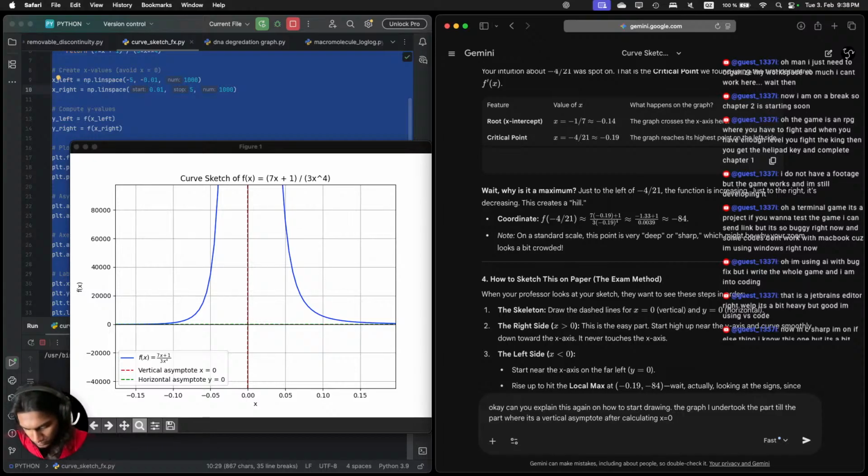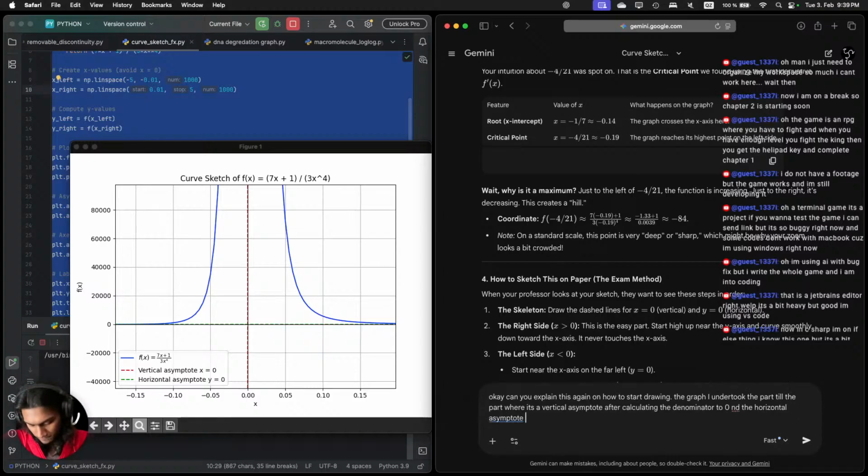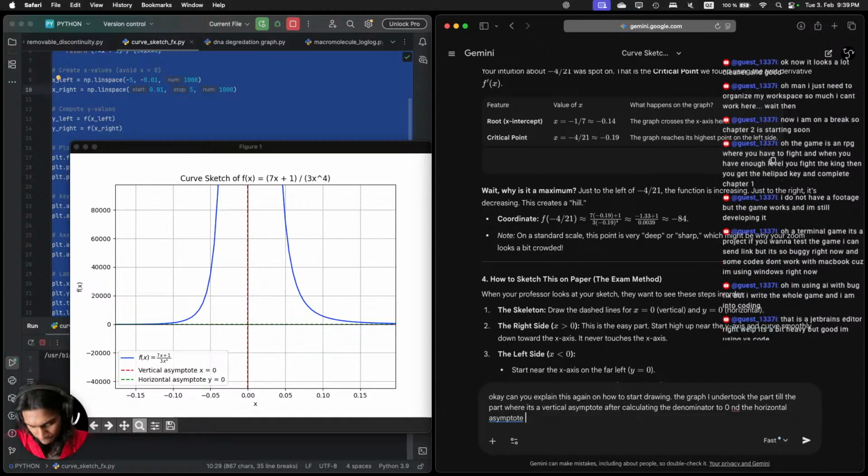How do you calculate an asymptote? Denominator to 0, also.